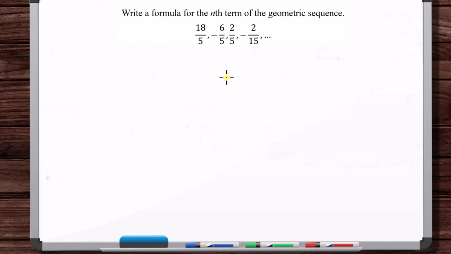Same problem. There should be a common factor here. To go from 18/6 to minus 16 to minus 6/5, what do you multiply by? Minus 1/3.